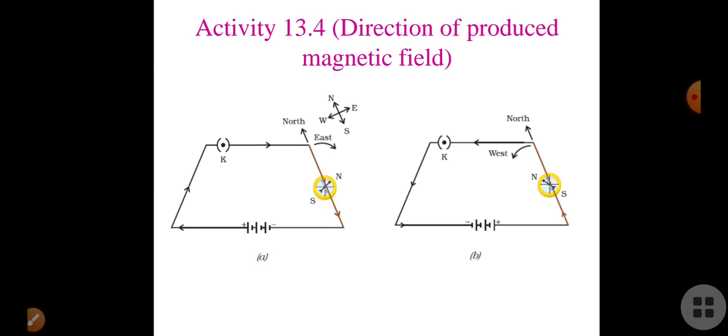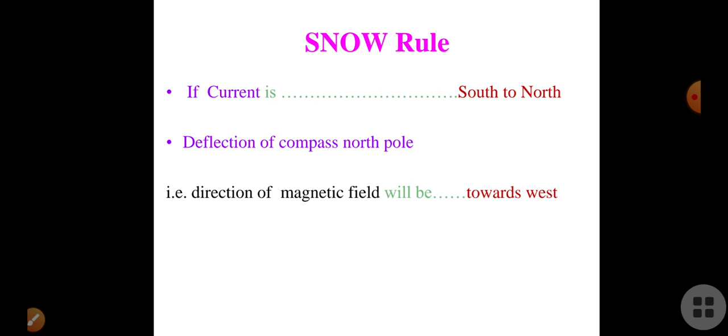So by this rule we find, number one, that when current passes through the wire, the compass needle placed near that wire or below that wire will show deflection. Secondly, in which direction the compass needle will show deflection, we can also find by this.